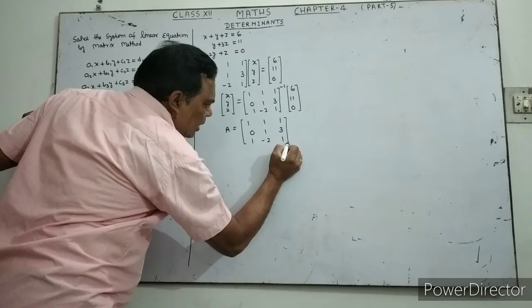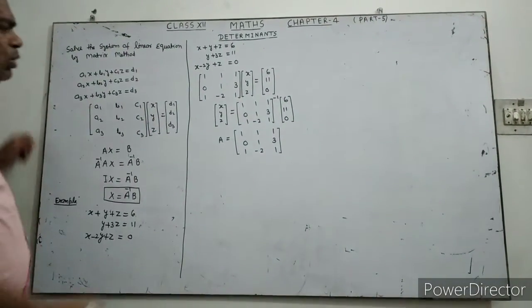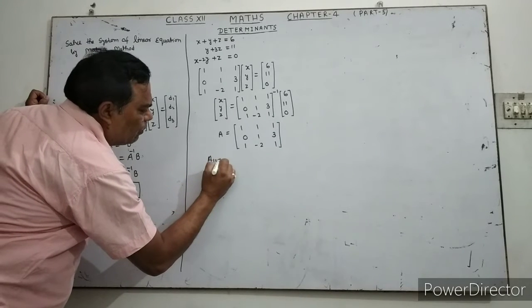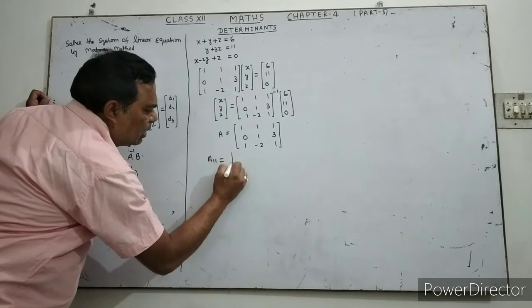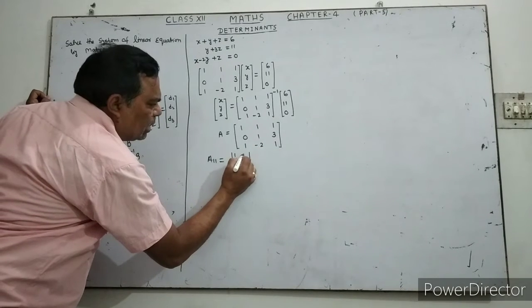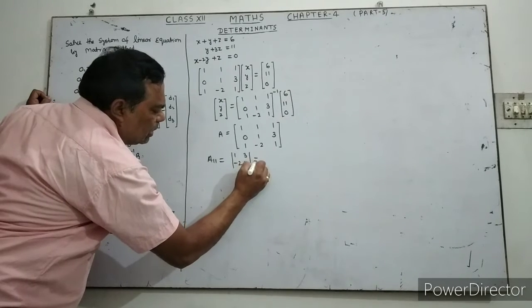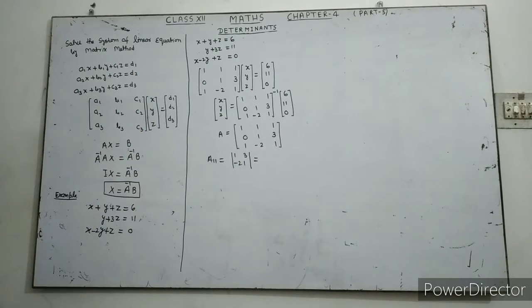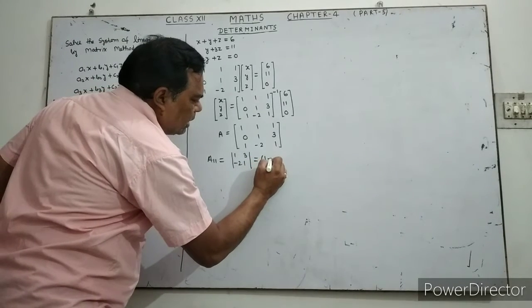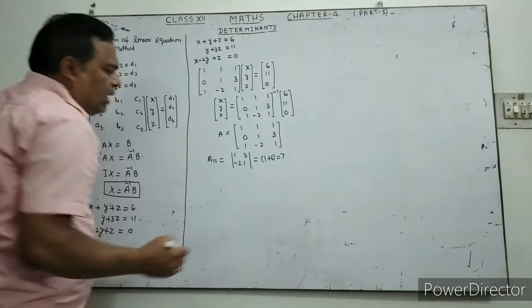Now you find all the cofactors A11, A12. A11: forget this row, this column. Then 1, 3, minus 2, 1. This is 1 minus minus 6, plus 6. This is 7.